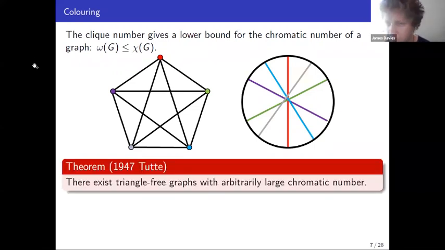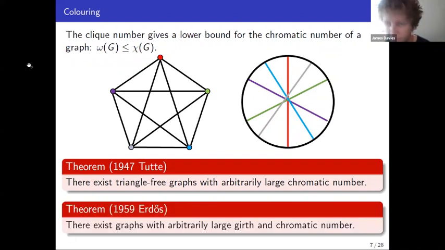But it's still interesting to ask what happens if we forbid a clique, or forbid some complete graph, because in general, this isn't enough to bound the chromatic number. Classically, Tutte showed that there are triangle-free graphs with arbitrarily large chromatic number. And actually, this can get a lot worse: there are graphs with arbitrarily large girth and chromatic number, where girth is the length of the shortest cycle in your graph.